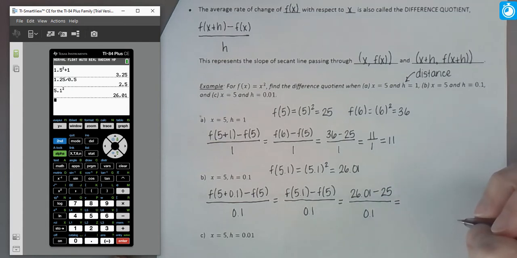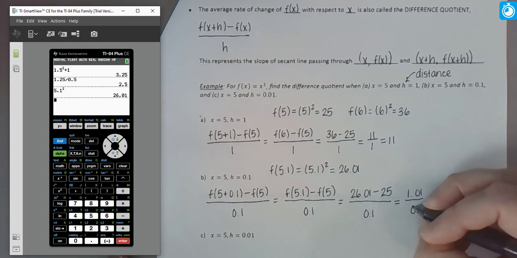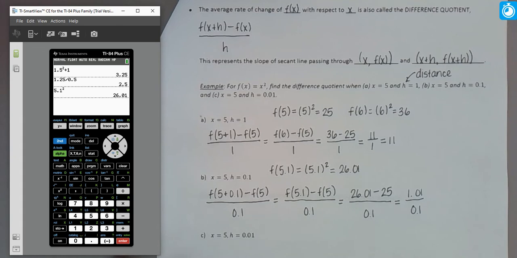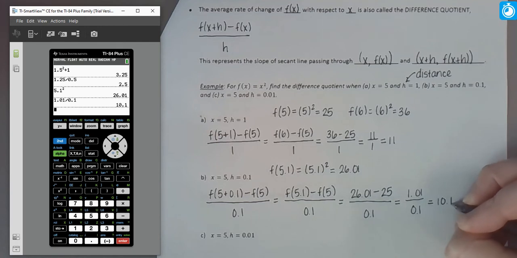So 26.01 minus 25 is 1.01, divided by 0.1. And again, feel free to use your calculator. 1.01 divided by 0.1 is going to be 10.1. So in this case, where we start at 5 and we travel a shorter distance, the rate of change per whole unit is going to be 10.1 to take us that far.